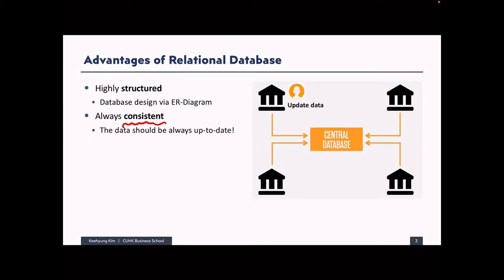To explain more about consistency, it's something like this. There is a central database which contains all the information. Let's say it's the bank's financial information, stored in the central database system, which is a relational database system. There is a user A who is trying to update this information. He may withdraw money from an ATM, for example.